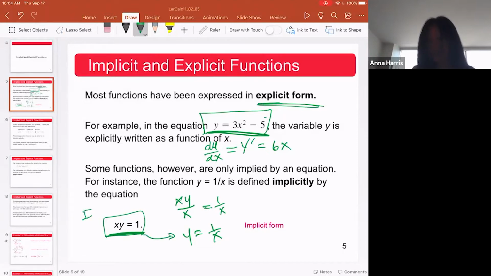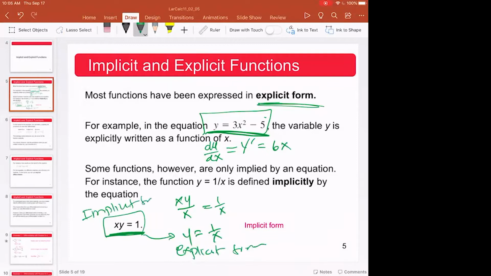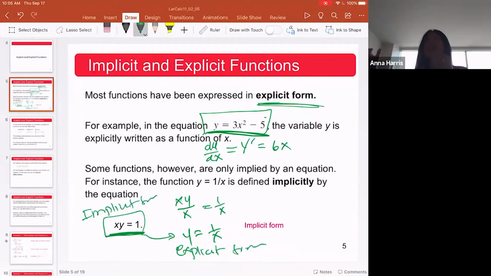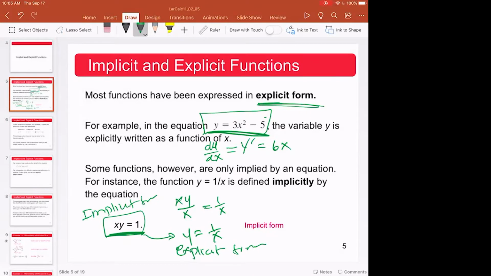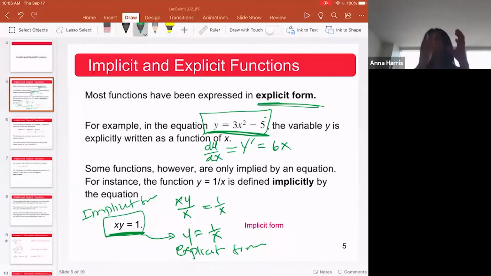This is implicit, and this form is explicit. Explicit form means y equal to an expression, and the right-hand side is all x's. There's no y there. The left-hand side is just y by itself. That's explicit. Implicit means x and y are mingled together.